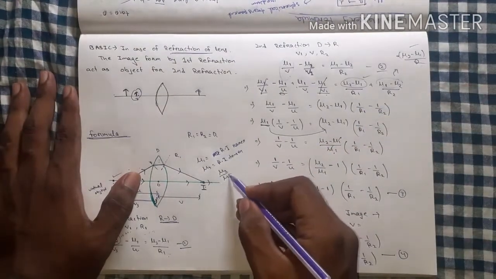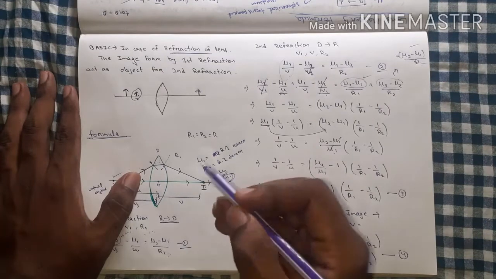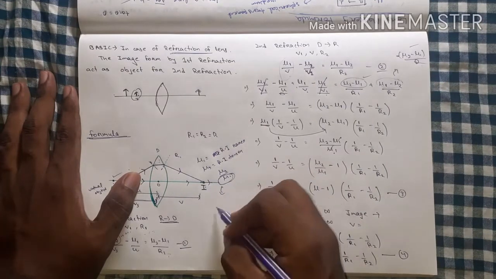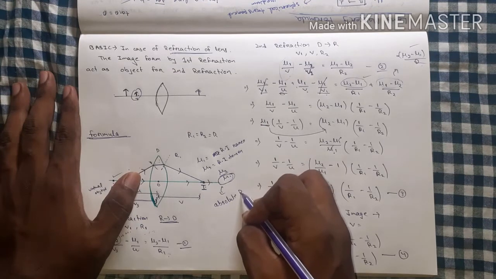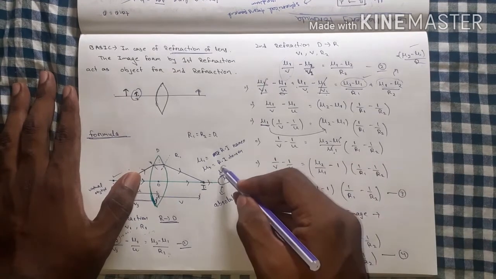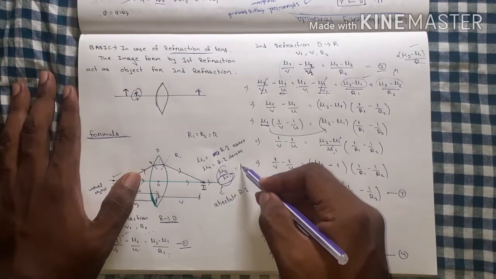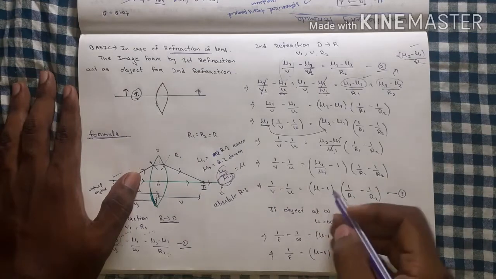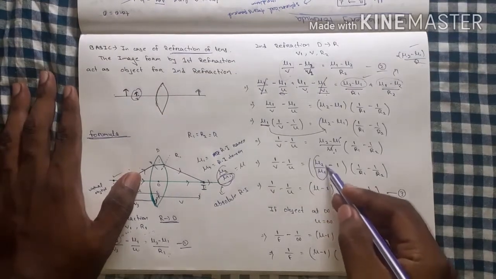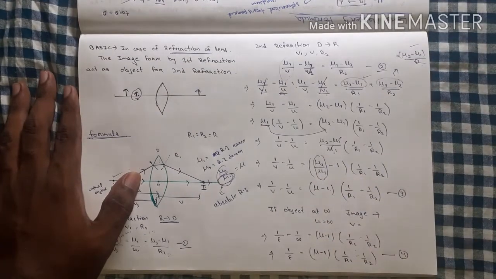If the rarer medium is on this side, it will be the absolute refractive index. So in place of mu2 by mu1, I can place mu only. So we get mu minus 1.